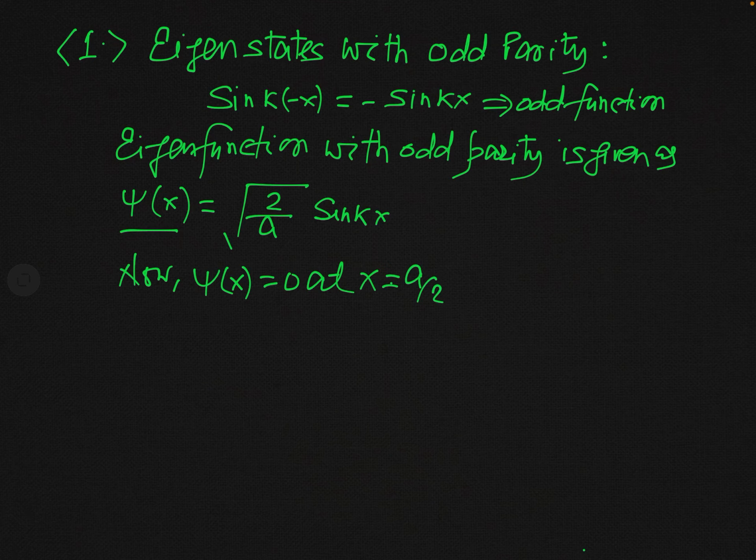Now let us use this condition in the equation which I have defined here. When you take x equal to a by 2, you have to take psi of x equal to 0. Therefore we can write 0 equal to root over 2 by a sine ka over 2.